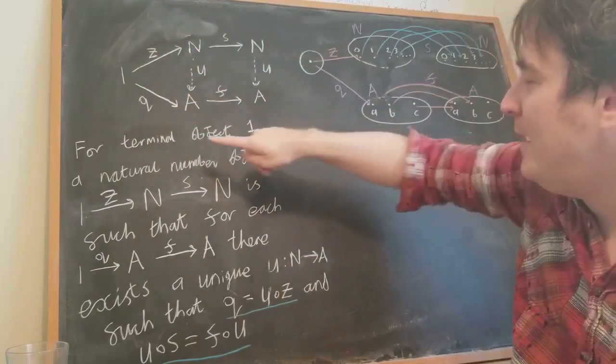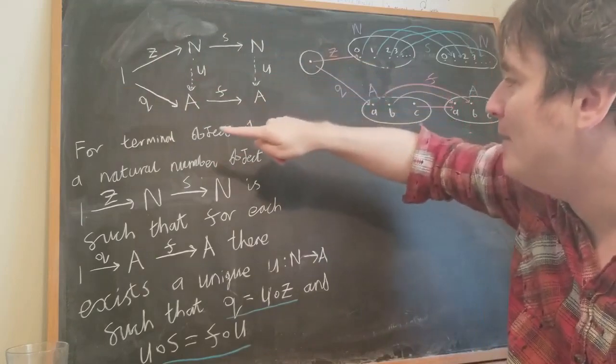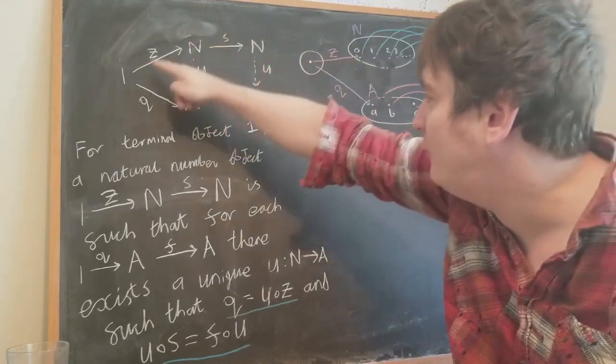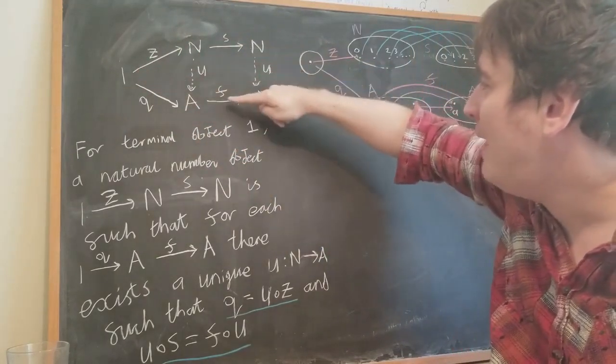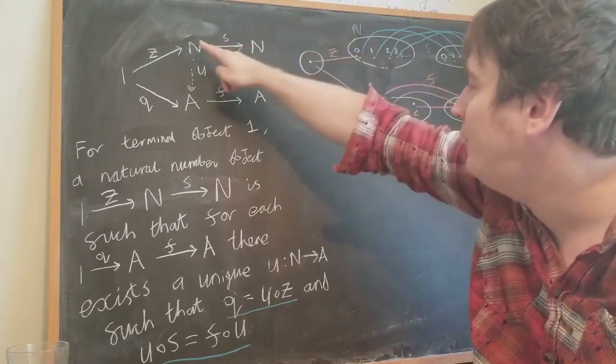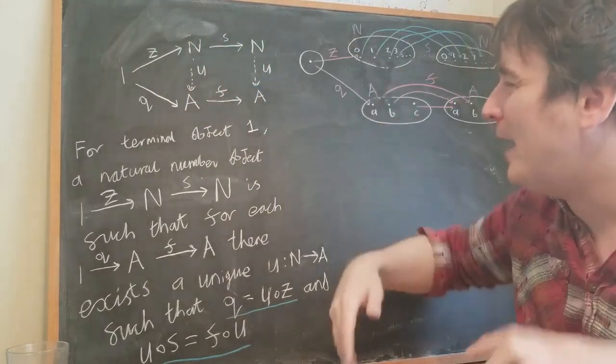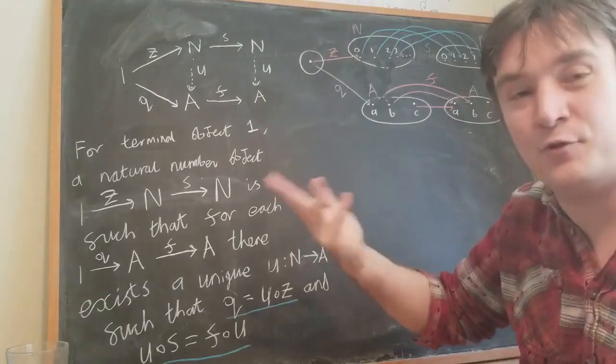It works in the sense that Q equals U after Z, and F after U equals U after S. Now that's the definition of a natural number object.